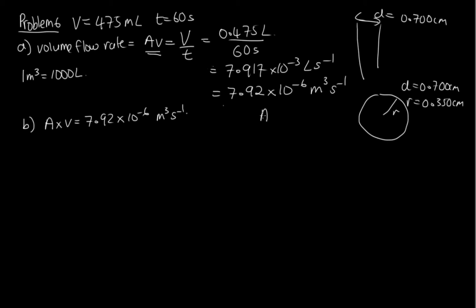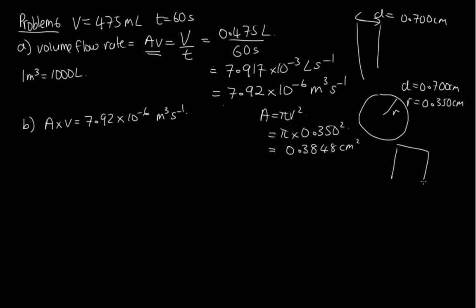So the area is equal to pi r squared, so that's equal to pi times 0.350 squared, and solving that on the calculator, we get 0.3848 centimeters squared. But now it's always good to convert everything to SI units so that we don't end up confusing ourselves.